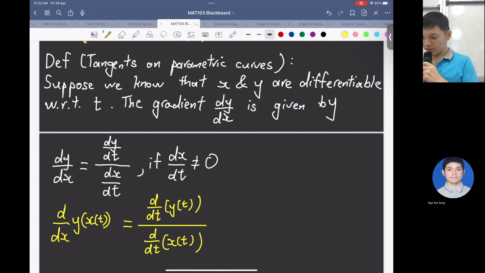Maybe I won't talk about the tangent line first.